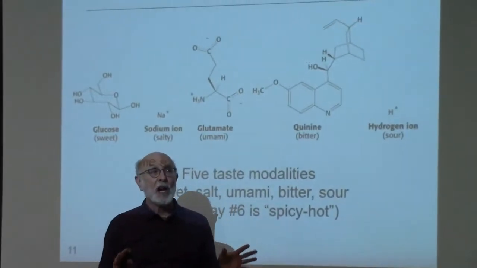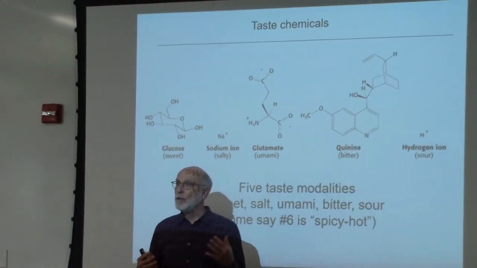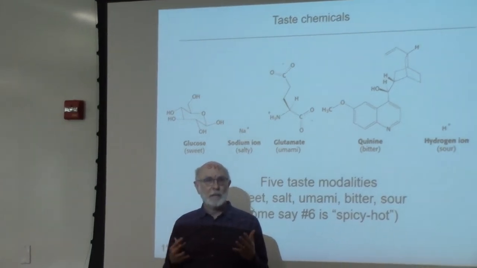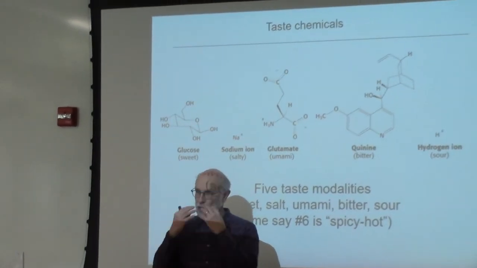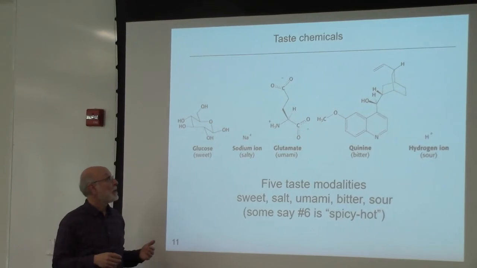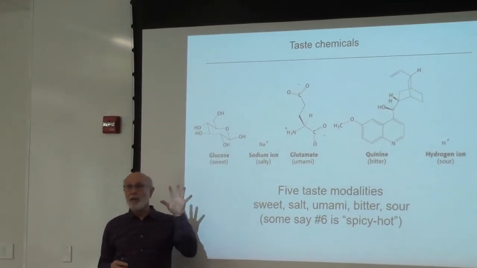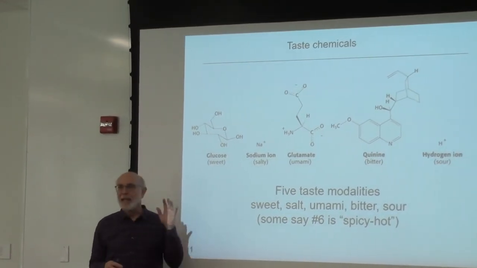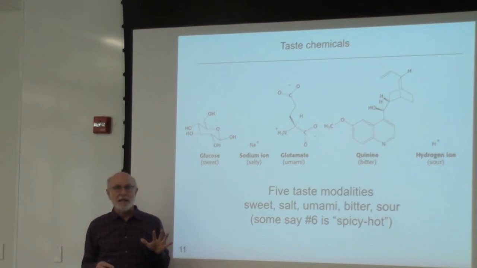So remember, we're not talking about flavor, because flavor is mostly smell. We're talking about taste, the detection of tastes on your tongue and the back of your throat. And we have only 5, well, some say 6, but 5 taste modalities.